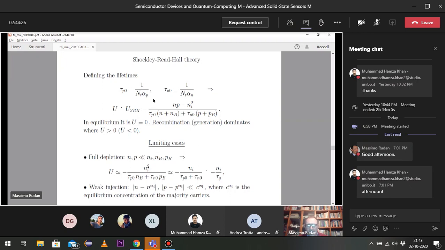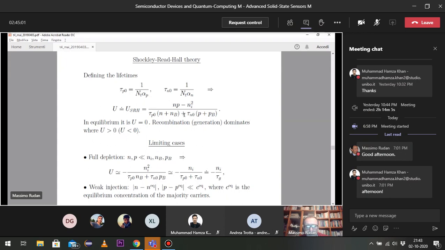So when there is an excess of charges such that the product NP is larger than Ni squared, the semiconductor in that region recombines more than it generates. In regions where NP is smaller than Ni squared, the opposite happens. So generations prevail if there is a lack of carriers. Okay.